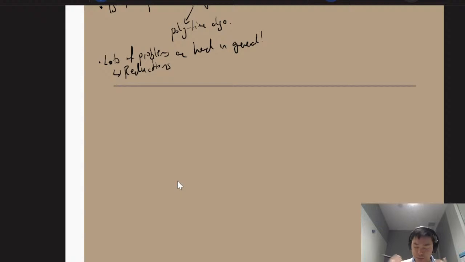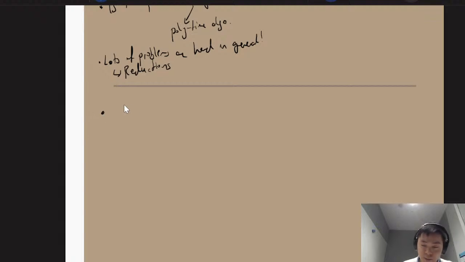Okay, so once we talk about reductions, we come across a lot of complexity classes. Now we can start to build a theory or a hierarchy of complexity classes, so that we can talk about the common relationships or properties that these problems have with each other.